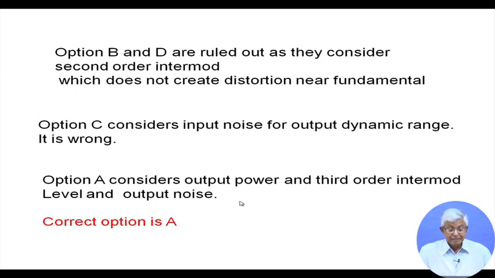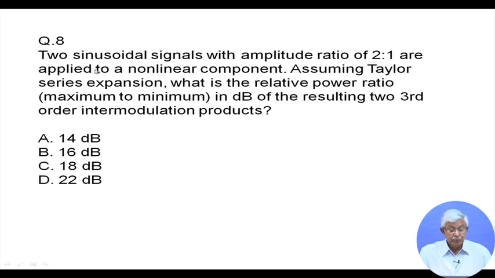So, the next question. Two sinusoidal signals with amplitude ratio of 2:1 are applied to a nonlinear component. Assuming Taylor series expansion, what is the relative power ratio, maximum to minimum, in dB of the resulting two third order intermodulation products?